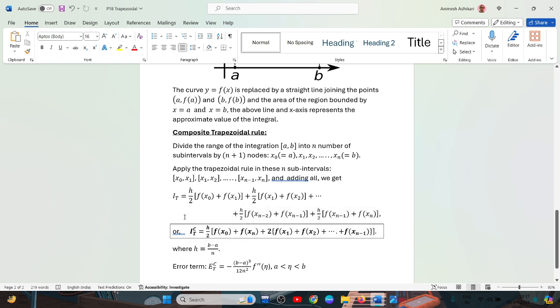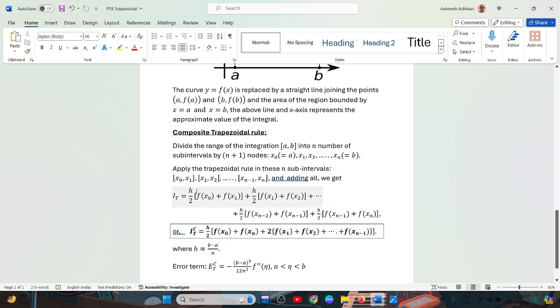Compactly we write this I trapezoidal for composite rule: h by 2 [f(x0) plus f(xn) plus 2 into (f(x1) plus f(x2) plus dot dot dot f(xn minus 1))].